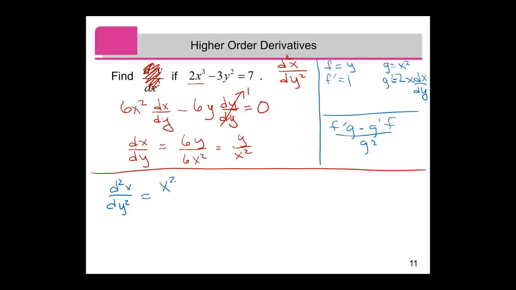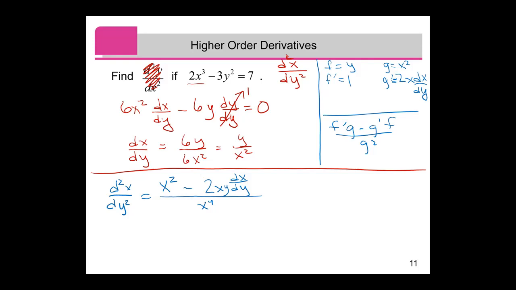G is x squared minus g prime, which is 2x dx dy, times f, which is y, over g squared, which is x to the fourth, right? You with me, Nick?